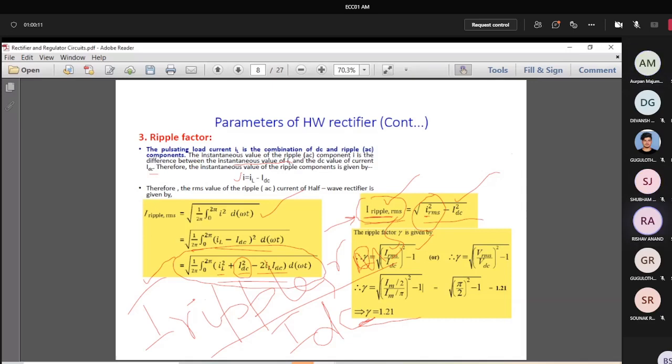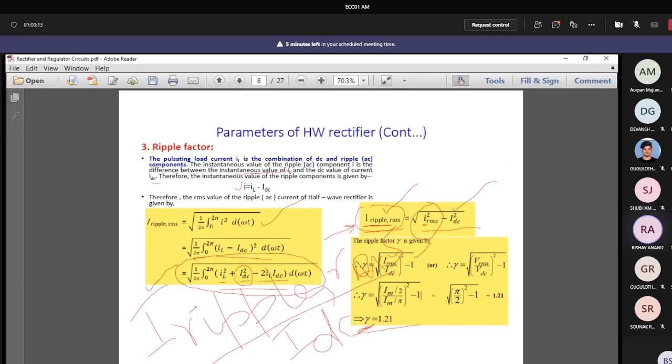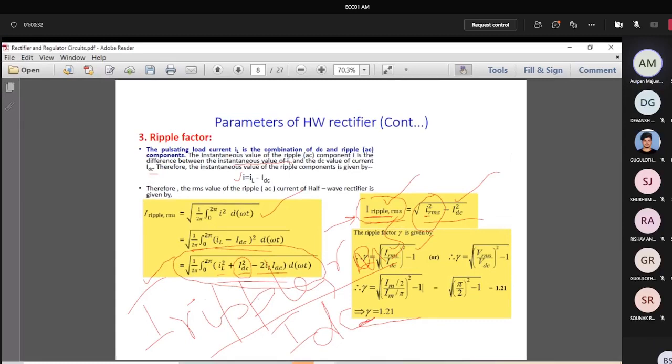Sir, if the ripple factor is high, then its AC component is high, meaning not that much current is converted to DC? If the ripple factor is high, it means the AC part in the output waveform is pretty high, because you're comparing it with the DC segment.